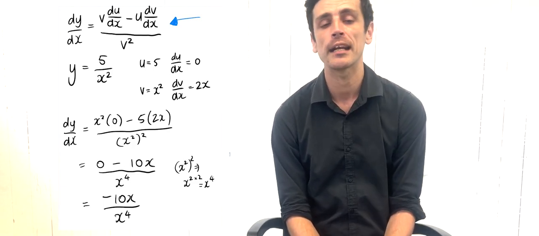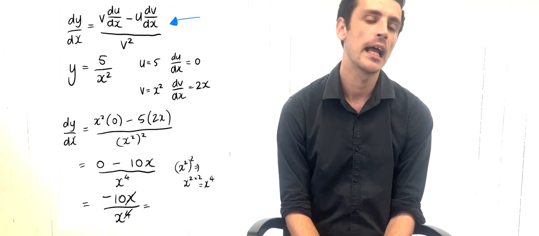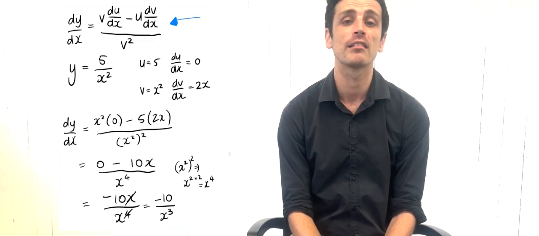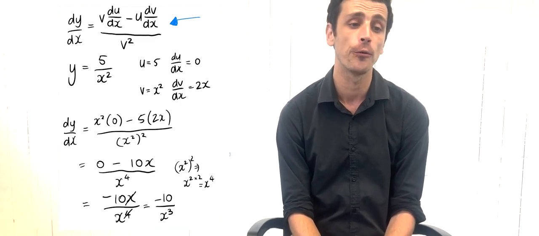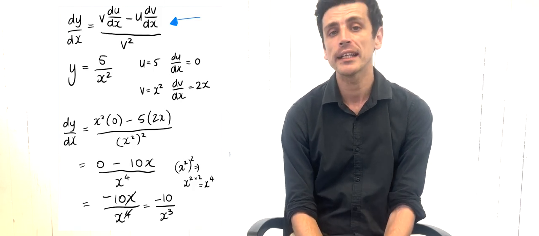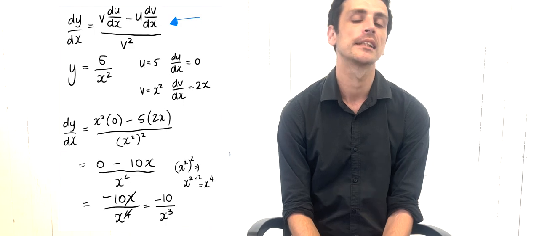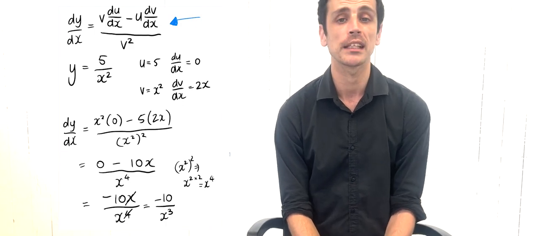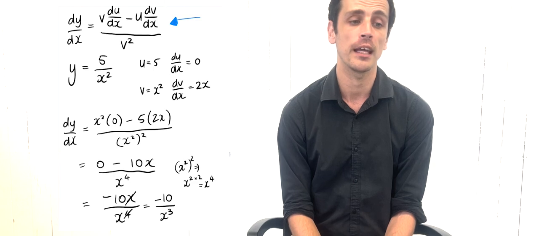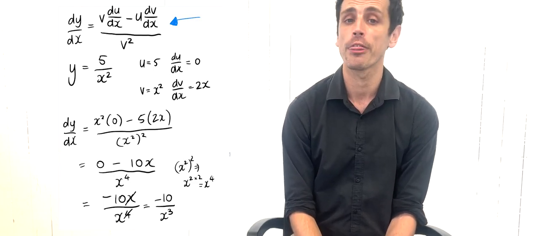Now we can simplify it. 0 minus 10x is going to leave us with -10x, and the denominator is going to be x to the power of 4. That leaves us with -10x divided by x to the power of 4. We can simplify this as both sides have an x, so we can divide both by x, which leaves us with -10 divided by x to the power of 3.